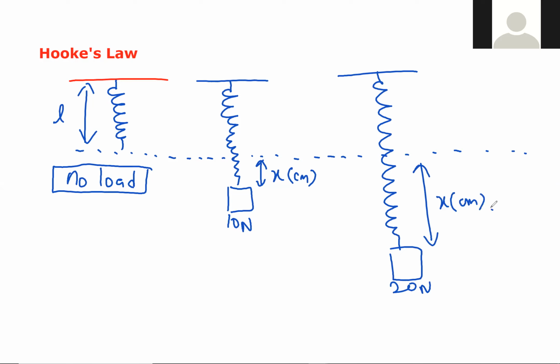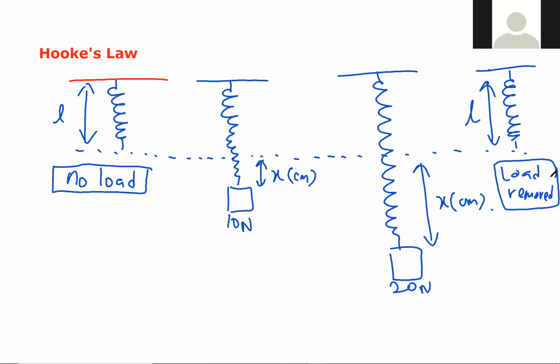Then when you let go and remove all the loads, the spring eventually returns to its original length L, so there is no extension. This is when all the loads have been removed.